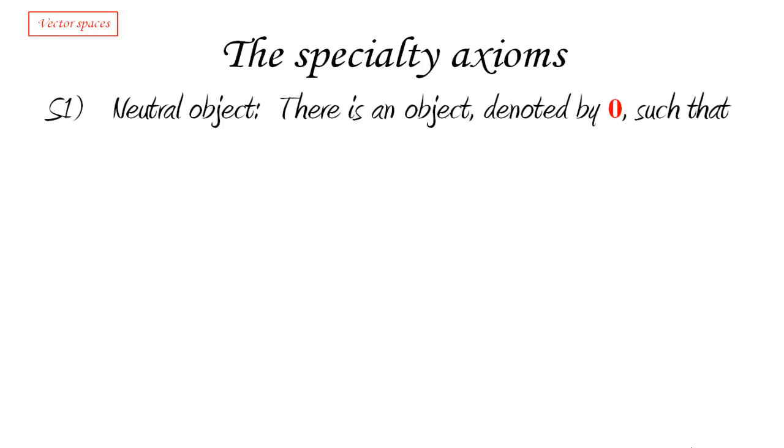The first one is what I call the neutral object axiom. And what it says is that there's got to be an object which we're going to denote by 0 as a vector. Okay, but it doesn't have to be the 0 vector that we're used to, just an object in the set. Okay, so there is an object in our set. We're still going to denote it by 0. Why?